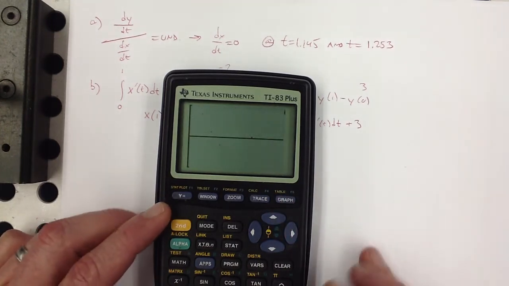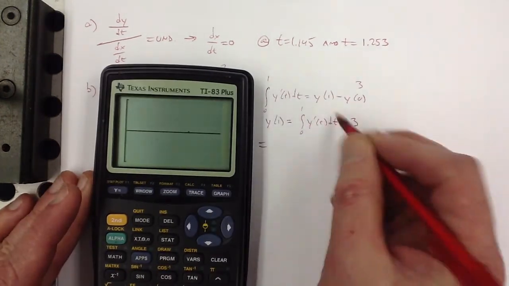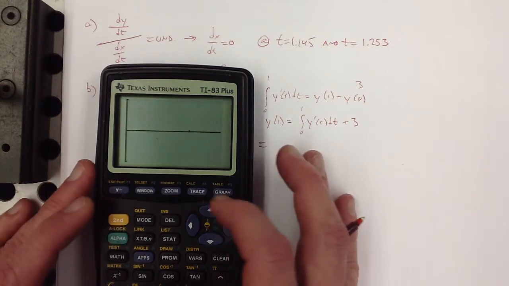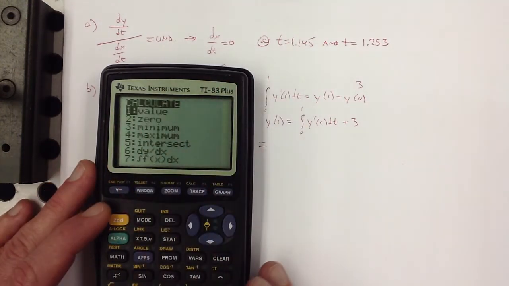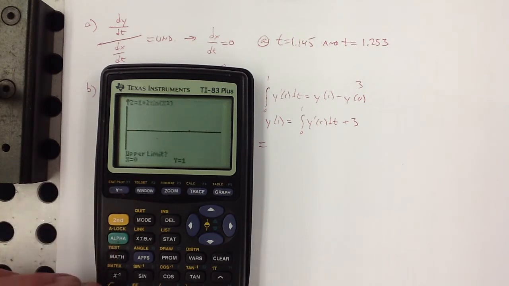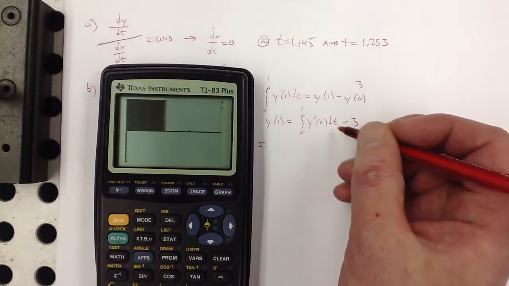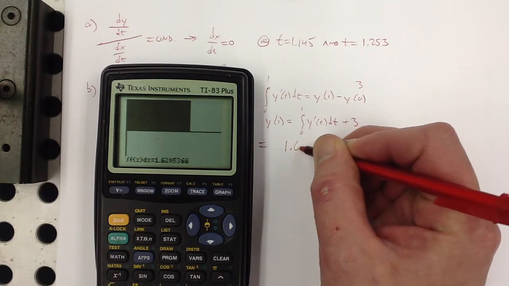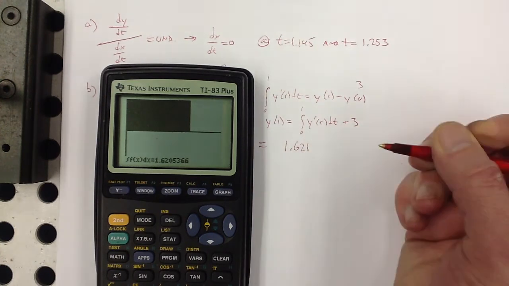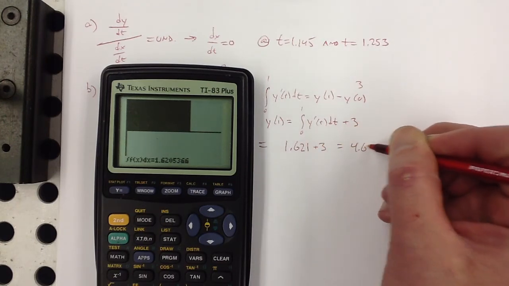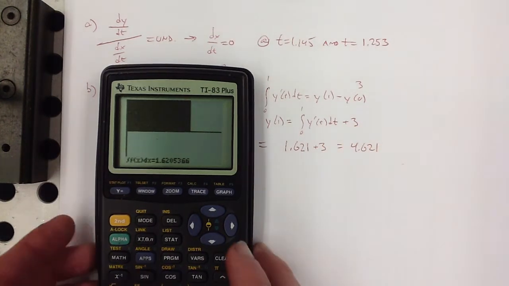We'll find the area from 0 to 1 under that. Oh, it's done. So second calculate. It's not on the screen, but it doesn't matter for what we're doing right now. Going from 0 to 1. That's 1.621 plus 3 is 4.621.